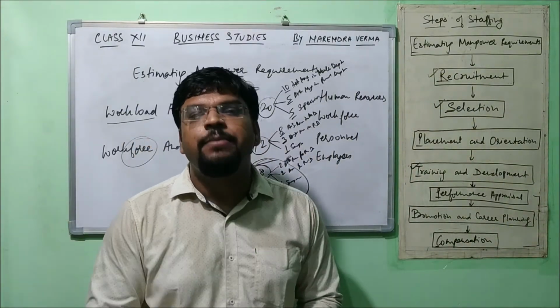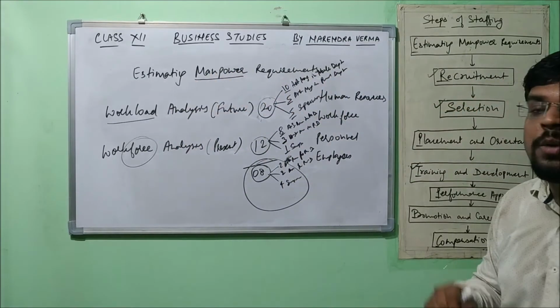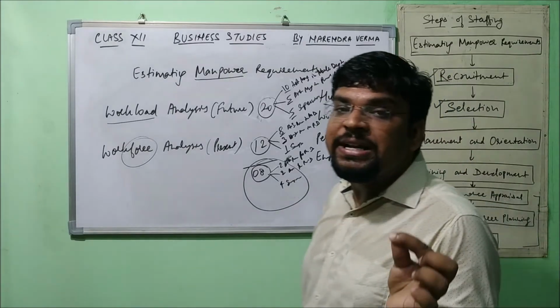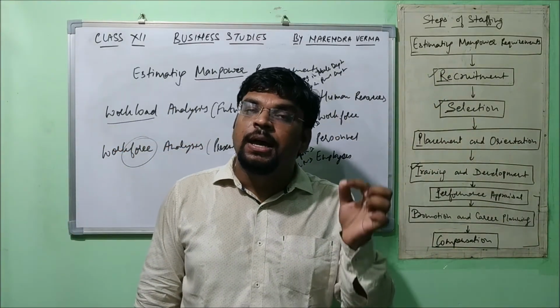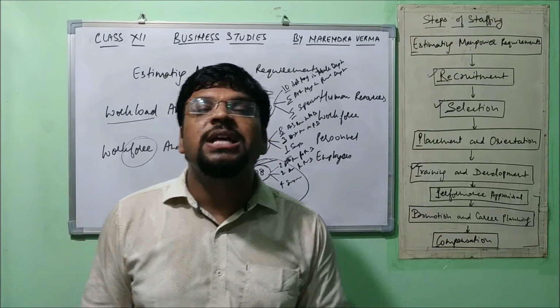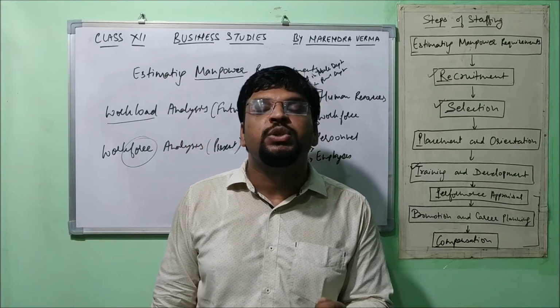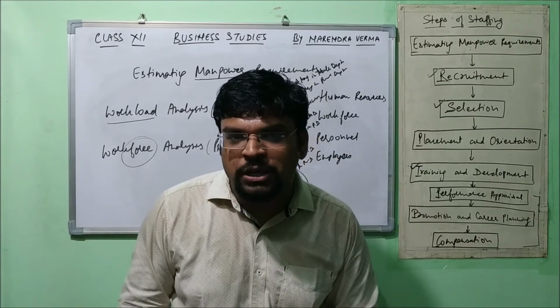So what is the aim behind it? The aim behind estimating manpower requirement is to have the right number of people at the right place, at the right time, so that the organization may achieve its goal efficiently and effectively. Understood the point?